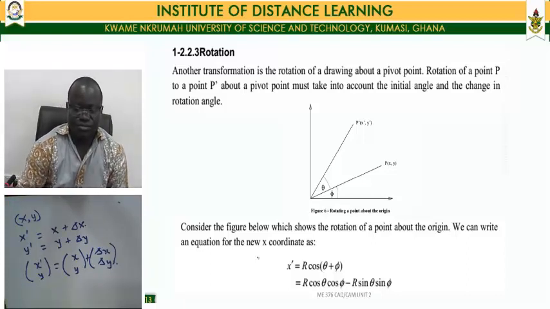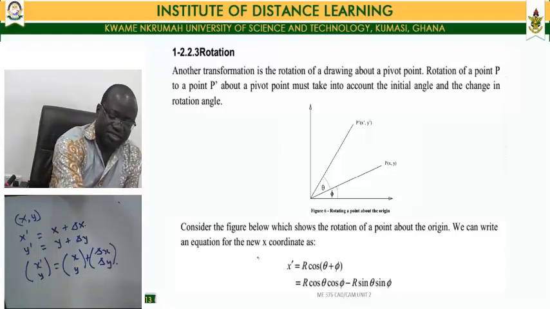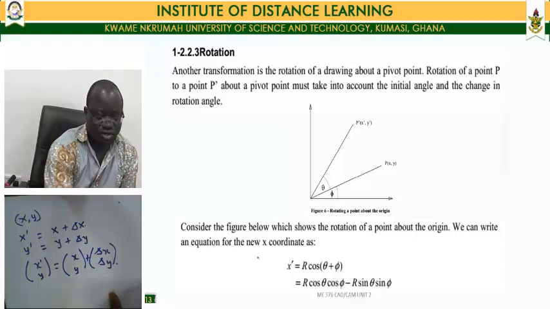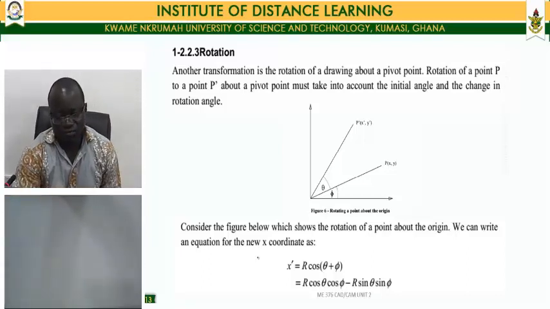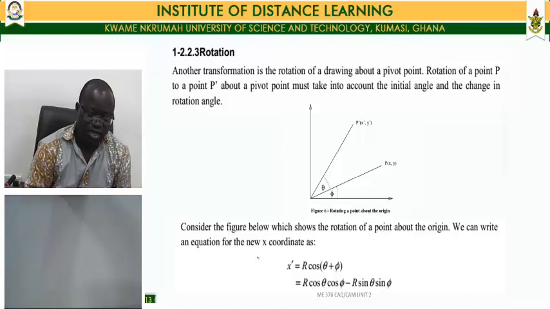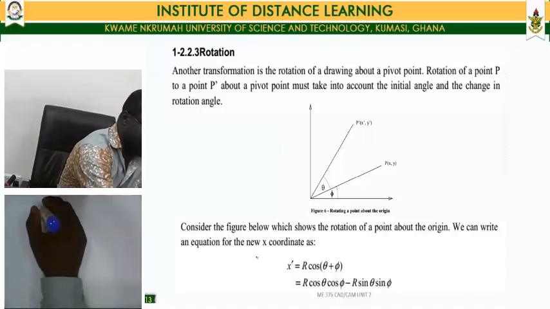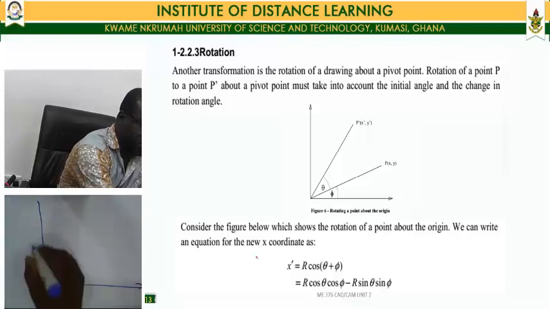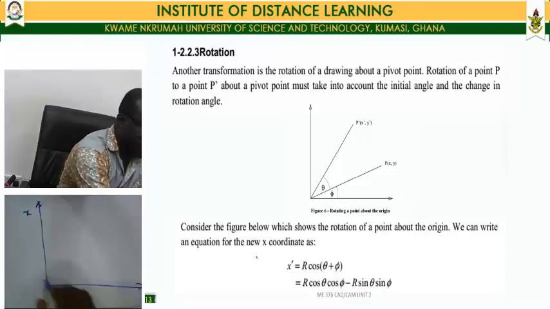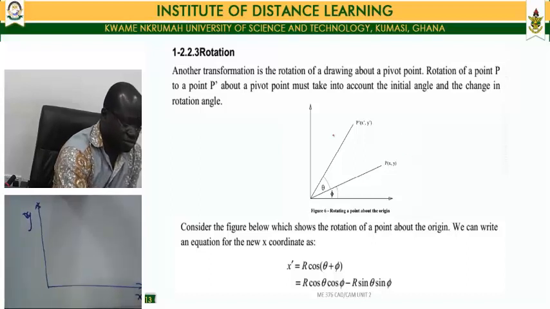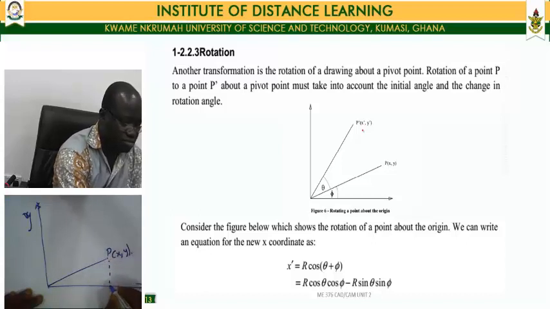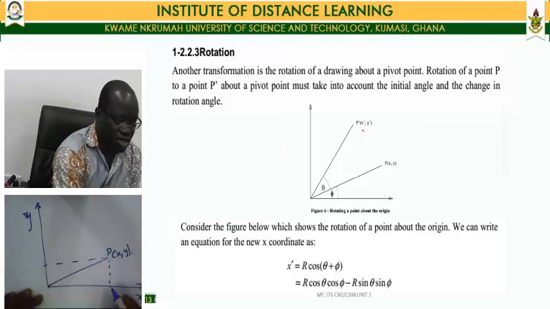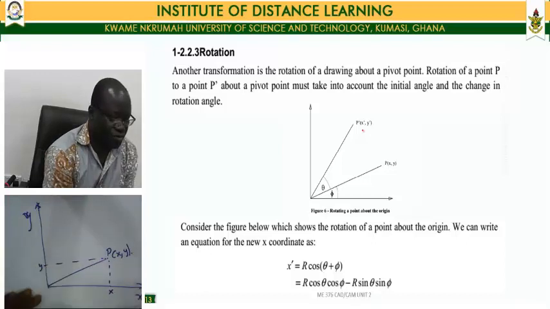If, for instance, you want to rotate a point from one position to a new position, as you can see in view here, then if I have to do this simple sketch down here, y and x, let's say we have this point P defined by x, y. This will be our x and our y values of P.